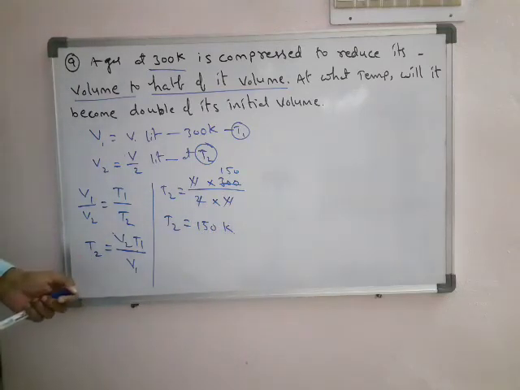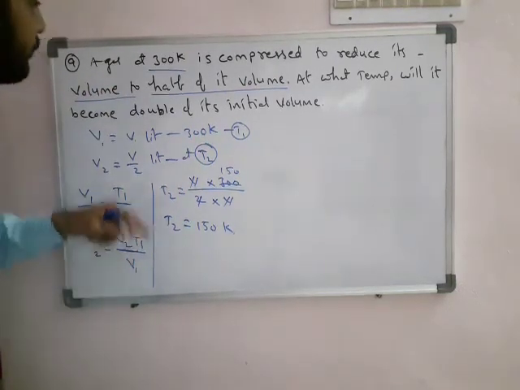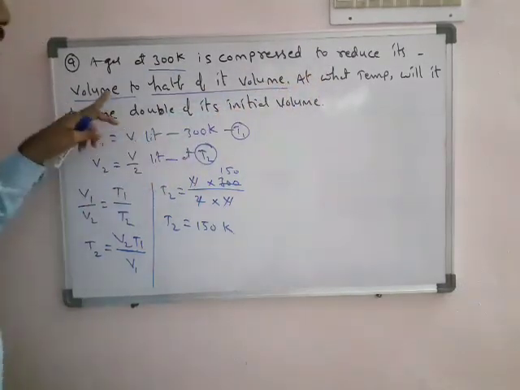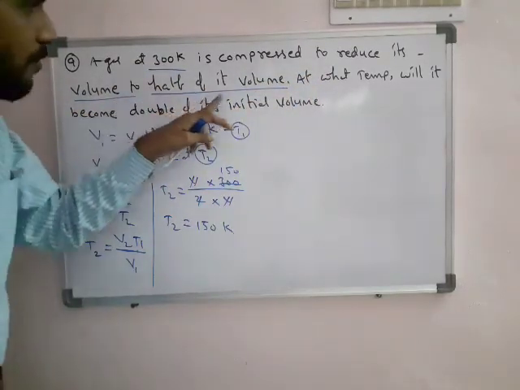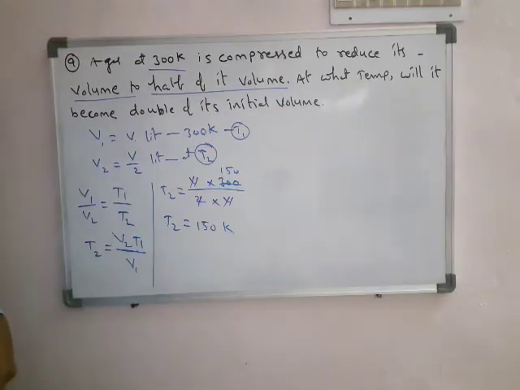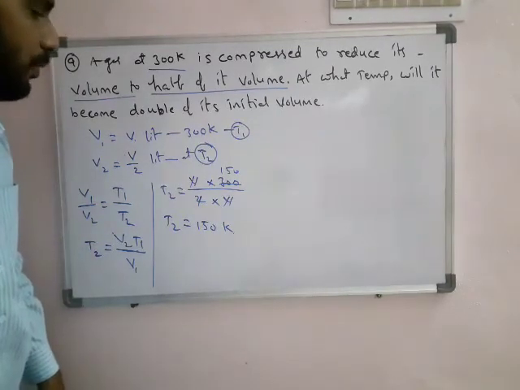But there is something wrong in this problem. A gas at 300 Kelvin, that is T1, is compressed to reduce its volume to half. At what temperature will it become double of its initial value?